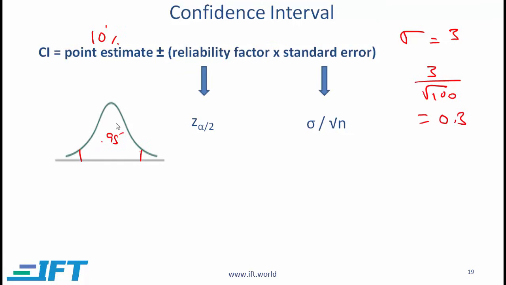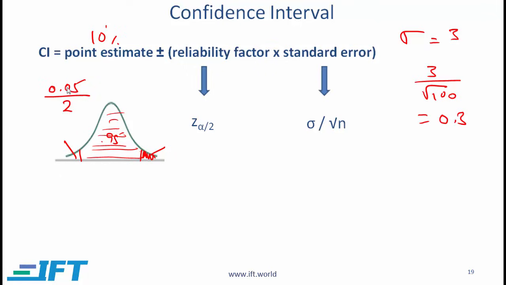If we look at a standard normal distribution or a Z distribution, and we have 0.95 probability in this range, then essentially what we have in the two tails is a probability of 0.05, which is 1 minus 0.95, and then in one tail over here we have 0.05 divided by 2.